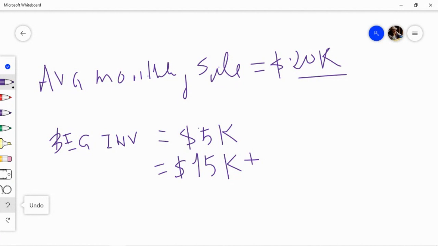So you have to order additional merchandise for 15K.